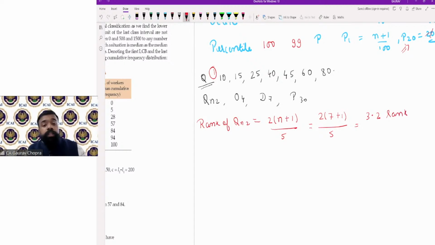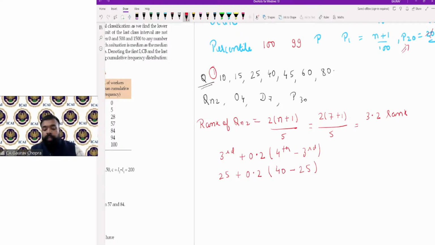Now, how to solve this 3.2? We have done it in our previous class. Third value plus 0.2 into fourth minus third. Now, what is the third value? 25 plus 0.2 into fourth value 40 minus 25. So in this way, you can calculate.